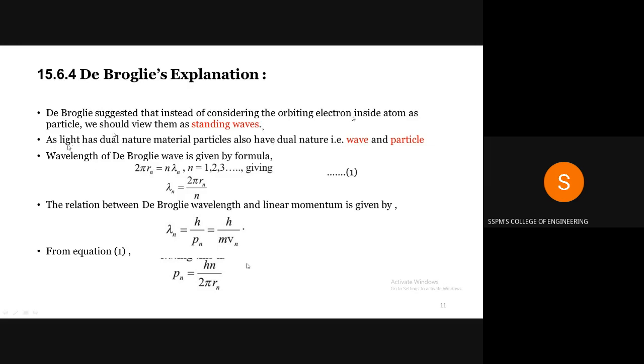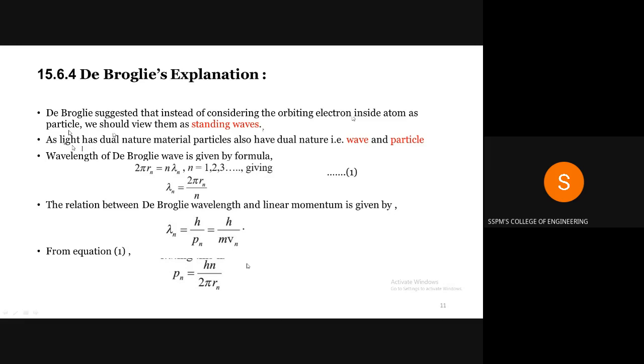In order to explain reflection, refraction, diffraction, polarization, we consider the wave nature of light. Whereas in order to explain the photoelectric effect, quantum effect, we have to support the particle nature observed in light waves. That means it exhibits dual nature.